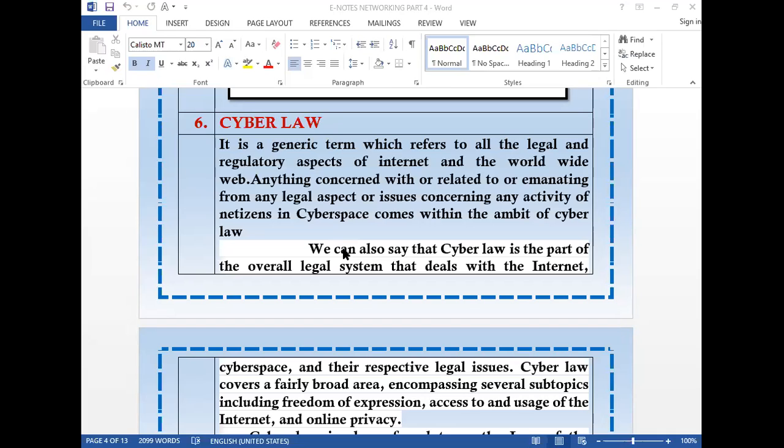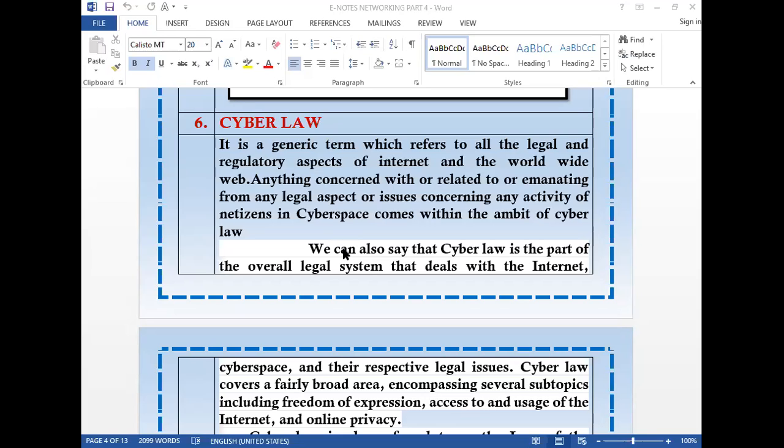Any law, any legalized policy, any legalized rule, any legalized regulation which is in connection with the internet comes under the term cyber law, right?